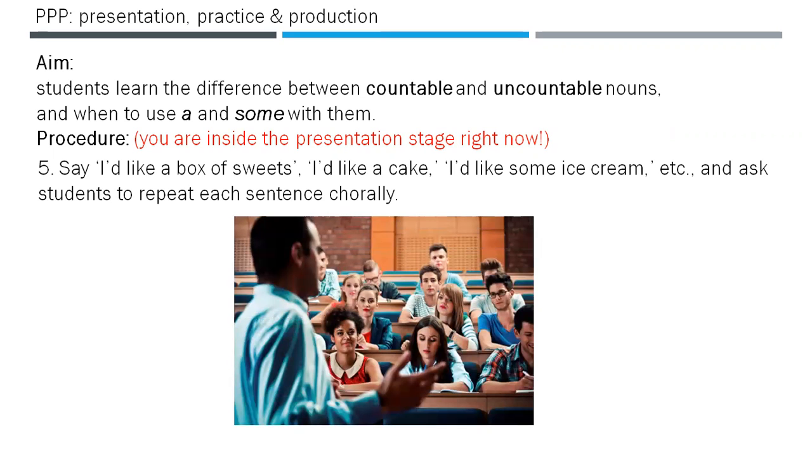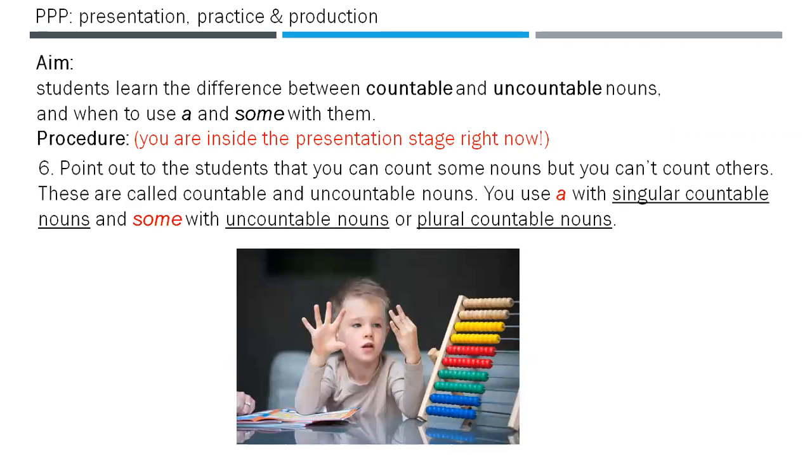Point out to the students that you can count some nouns, but you can't count others. These are called countable and uncountable nouns. So you use a with singular countable nouns and some with uncountable nouns or plural countable nouns. Probably if you just say that, it would not be particularly clear to your students, right?